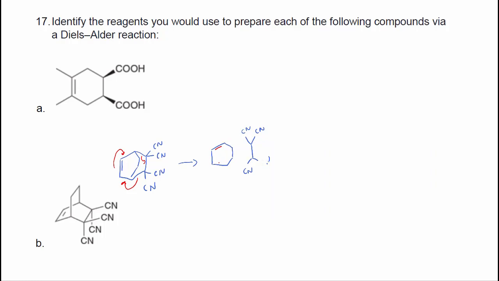So we end up with the double bonds there. And then one was on that one. So that should be the correct answer. You have cyclohexadiene plus the alkene, which has 4 nitrile groups on that one. All right, any questions I can clear up on that one? I know that one was a little bit messier.